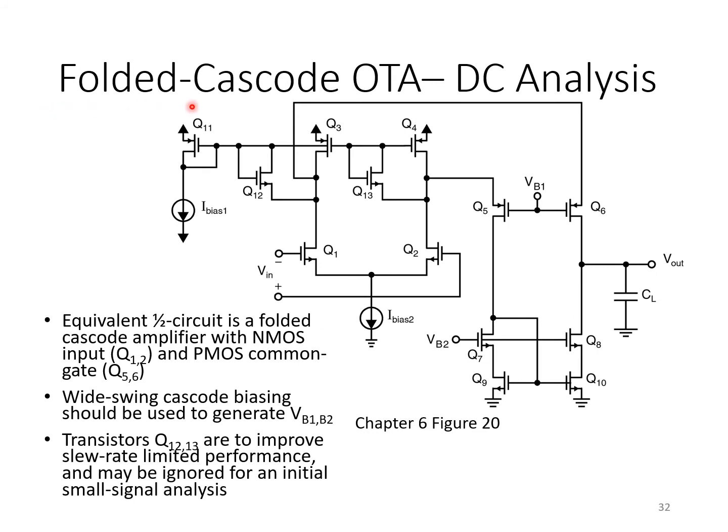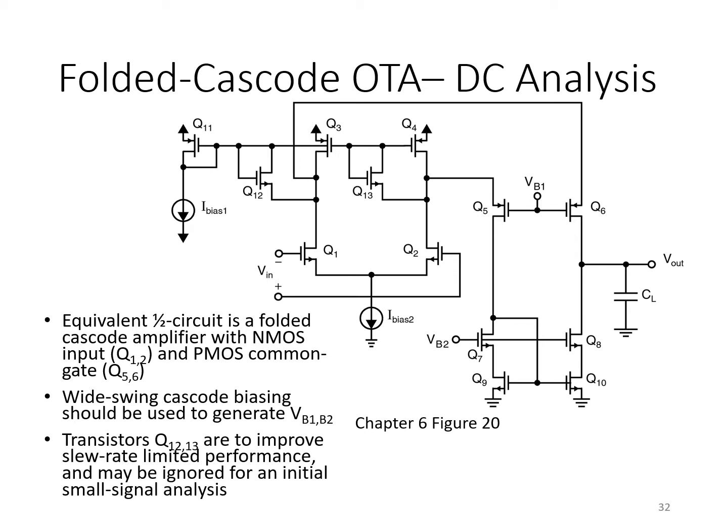Now, one of, if not the most common example of a CMOS single-stage OTA circuit is the folded-cascode. An example folded-cascode op-amp is pictured here with the input pair Q1, Q2, driving into the folded cascode transistors Q5 and Q6, and then an active cascode load, a current mirror load, down here.